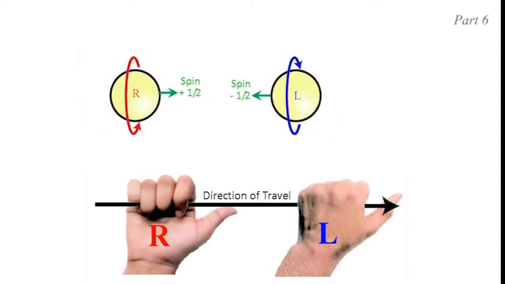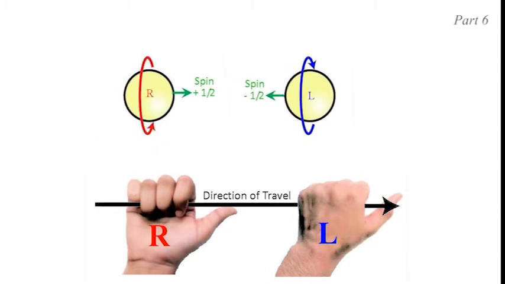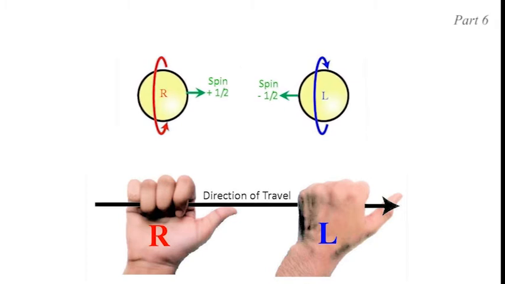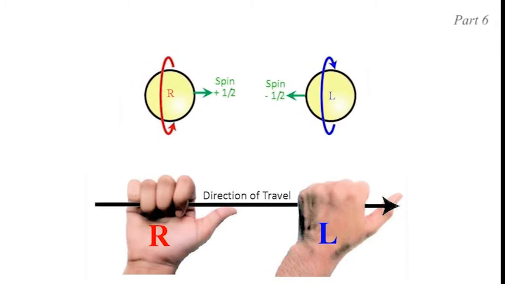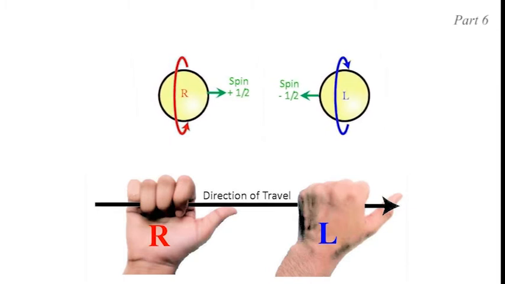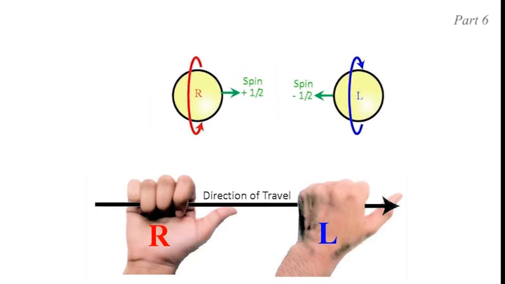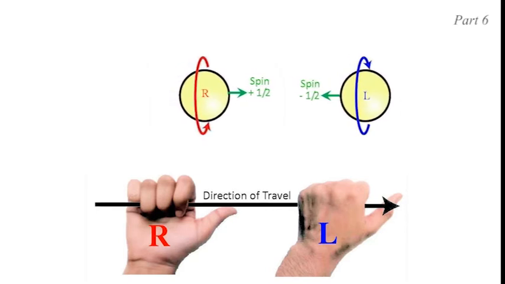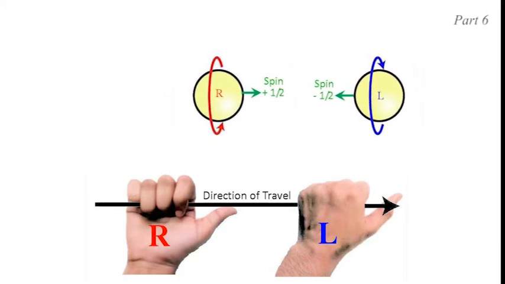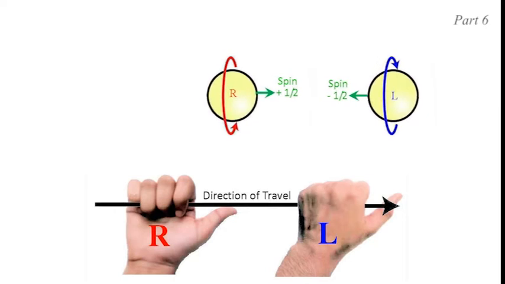In that case, we can say it has spin equal to plus a half, and I've shown it with the spin pointing forwards. The other fermion here is said to be left-handed, because if you grip the arrow of direction with your left hand so that your thumb points in the direction it's travelling, your fingers will then point around in the direction of the spin. In that case, we say it has spin equal to minus a half, and I've shown it with the spin pointing backwards.